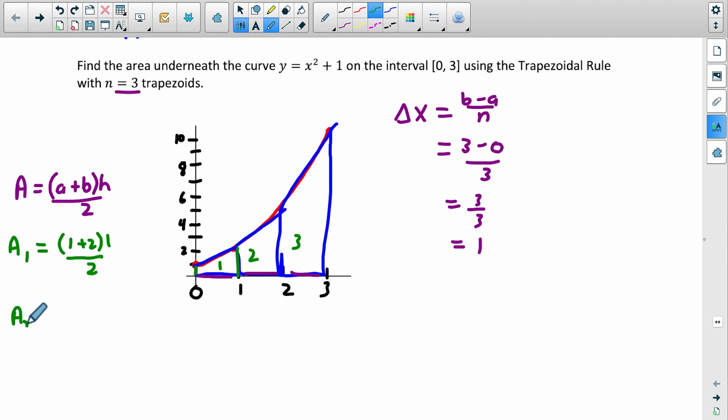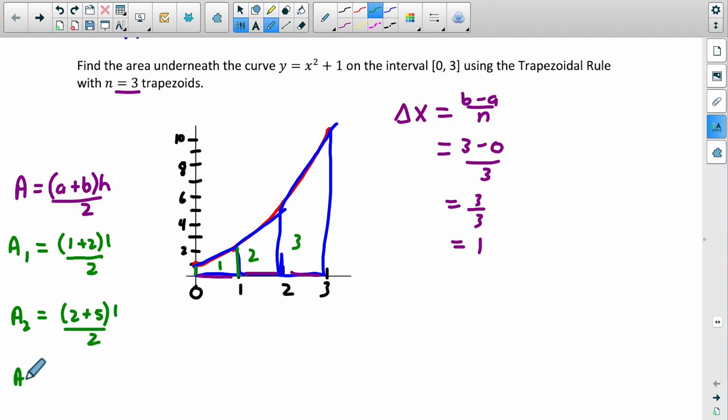For A2, what do we do? We add the parallel ones, which are 2 and 5 this time. It goes all the way up to 5. So we're adding 2 plus 5. We're multiplying by the height. Well, remember the height's actually the width, which is 1. And we divide by 2 again.